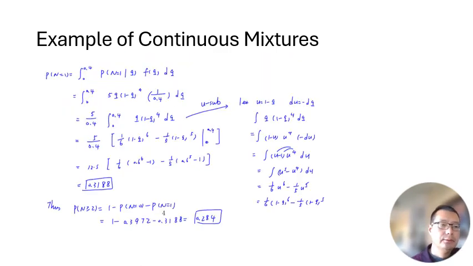Previously, we calculated probability n equals 0. Now we are calculating probability n equals 1. Similarly, n equals 1, depending on q, will be this. This is already derived in previous slides. It's just applying the formula of a binomial distribution.